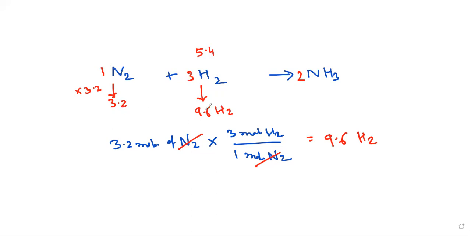Without doing this step, you can simply multiply here, and you get your answer for N2, H2 or NH3. So in one line you can get your answer. Then for NH3 it would be 6.4.